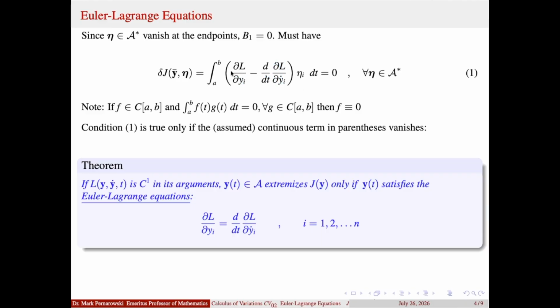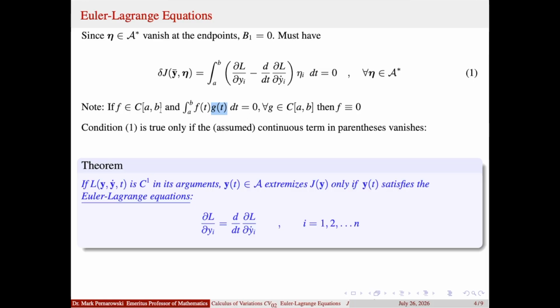What it is, is that this expression in here is whatever it is, for whatever your L you've got, and however complicated this thing is. The thing in parentheses I'm going to call a little f. And so it's a function of t, whatever it is. You put a y in, it's a function of t. And then I've got it multiplied by another function, I'll call it g of t, where g of t is arbitrary but continuous.